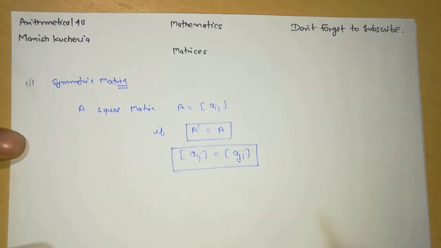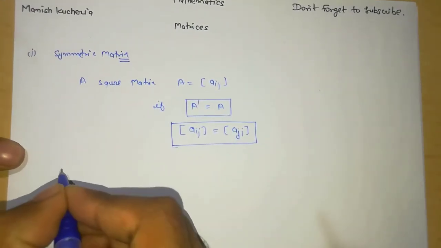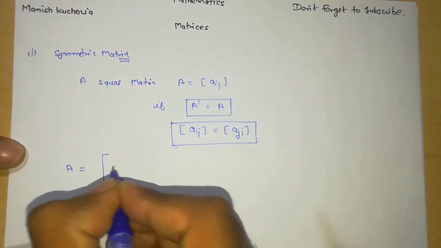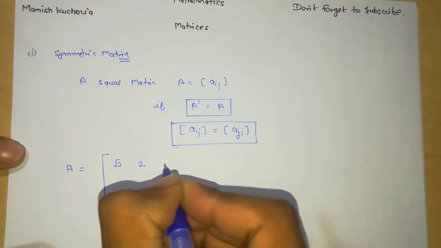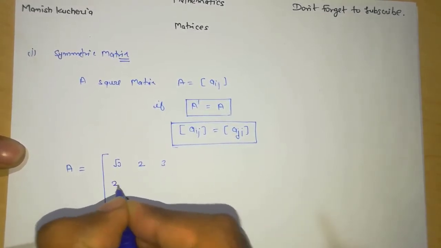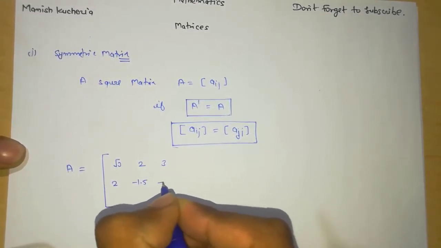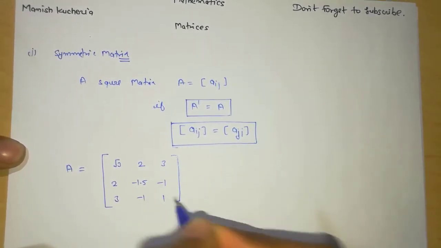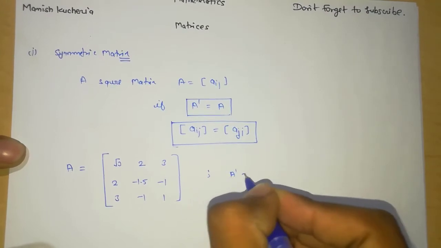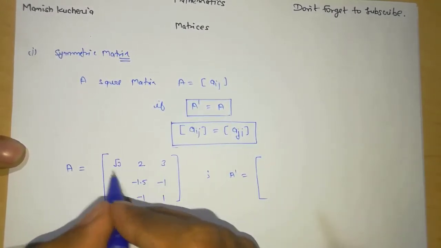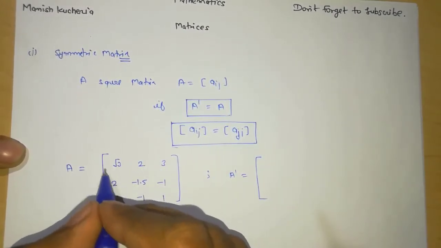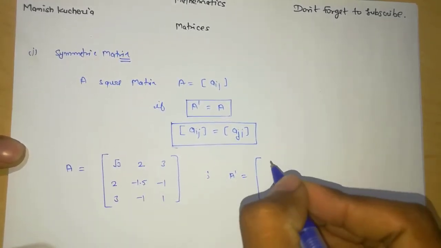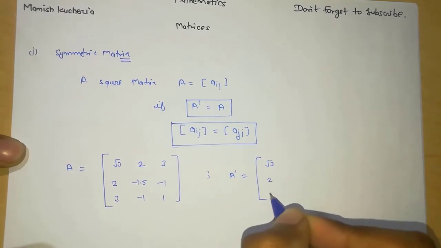For example, we have a matrix A which contains the elements root 3, 2, 3, 2, minus 1.5, minus 1, 3, minus 1 and 1. Now find the transpose of the matrix. We change the rows with the columns. The first row changes into the column root 3, 2 and 3.